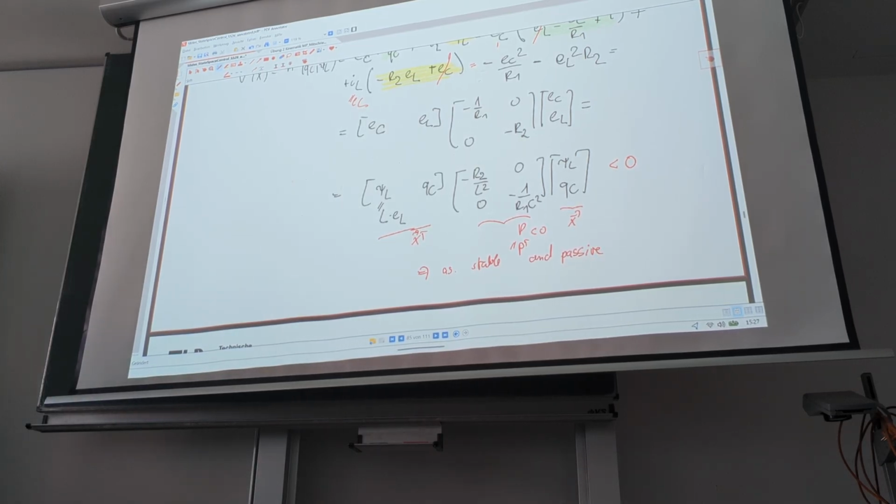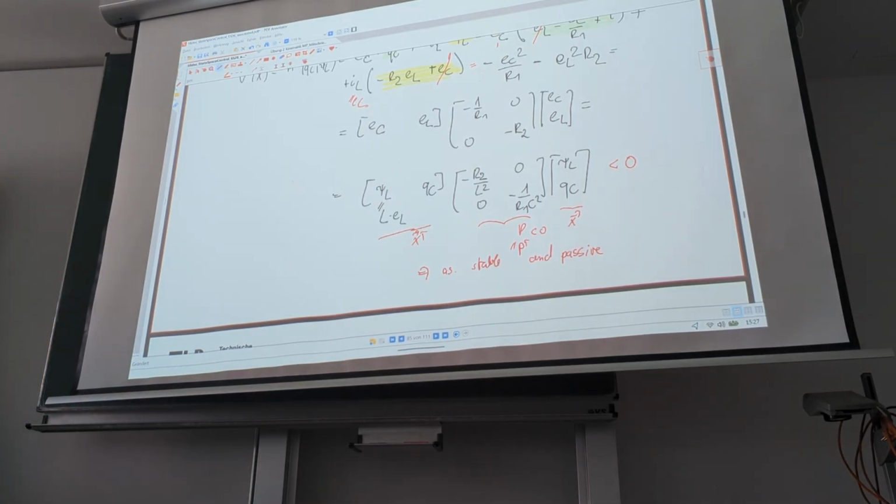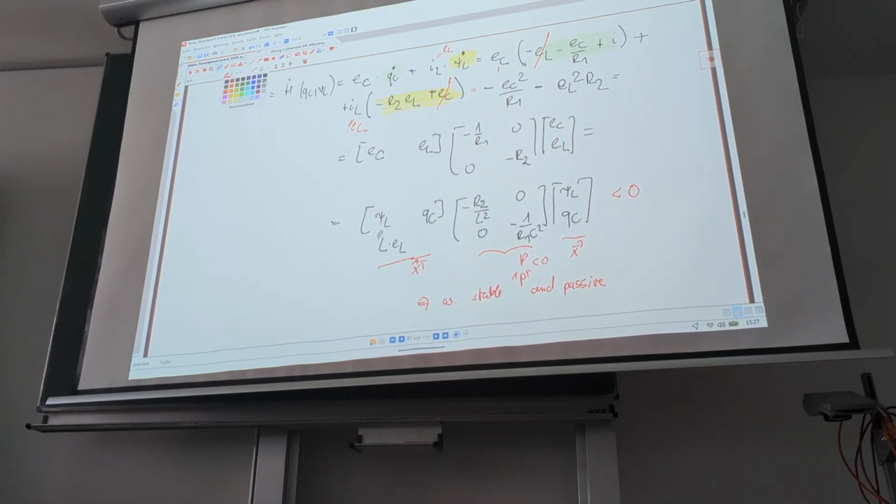We've taken the Hamiltonian as a candidate Lyapunov function. We can prove directly here that this is asymptotically stable, and it is also passive. I've not yet shown that this is less than 0. I've forgotten something, I didn't mention it.